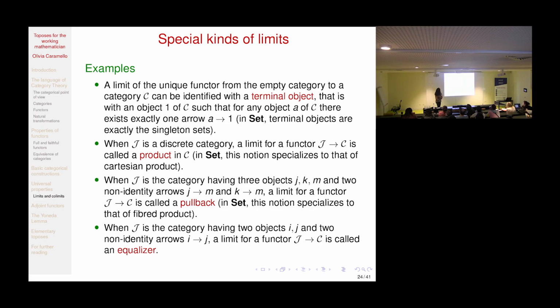Good. Then we also talked about this construction of the so-called equalizer of two parallel functions. So you see, if you have two sets A and B and two functions between them, f and g, what you can do is to consider the subset of A consisting of the elements where the two functions agree.